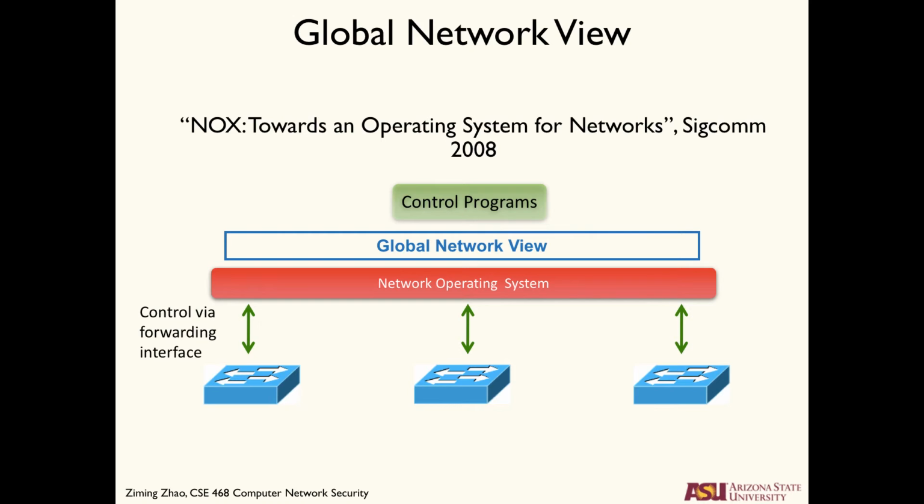But now, because of this global network view, all the decisions are made at this centralized party. But even though this is logically centralized, it can be physically multiple and isolated. So basically, this will separate the control plane and the data plane.